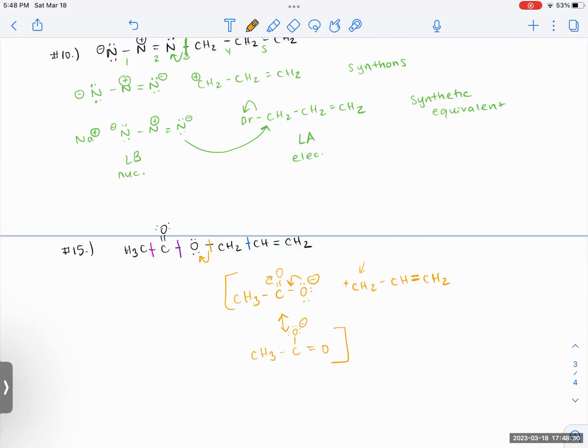So this will be a very good SN2 reaction. And because we know the bond occurs at this oxygen, if we had to show the reaction, we know that these electrons are going to attack this carbon and bromine will leave. This will be the Lewis base. This will be the Lewis acid.